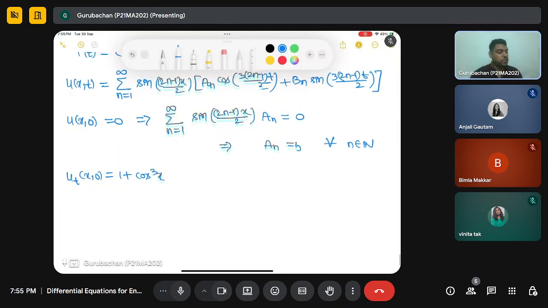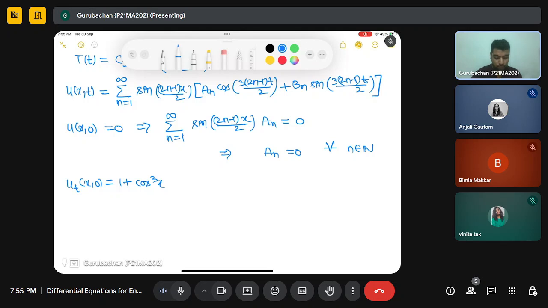So u_t(x,0) is 1 plus cos cube x. From here you will get summation n from 1 to infinity b_n times 3(2n minus 1)/2 sine (2n minus 1)x by 2, and this will be 1 plus cos cube x.